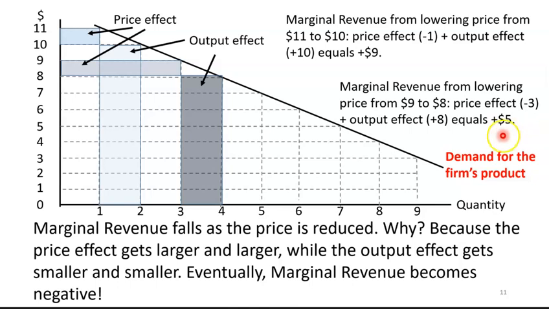That's happening because the price effect, which is negative, is getting bigger and bigger as we move down the demand curve, and the output effect, of course, is getting smaller and smaller. We're selling additional units of output, but for a lower and lower price. That's why eventually marginal revenue becomes negative. The price effect dominates the output effect, and total revenues start to decline.